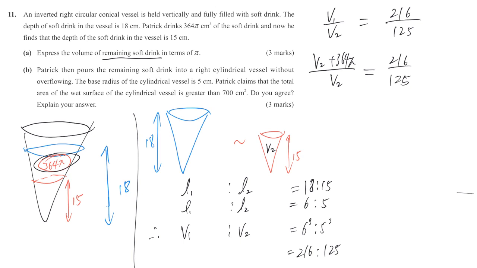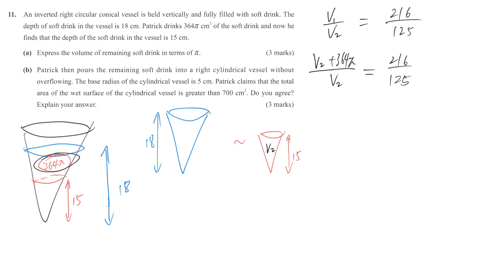So what about using the formula, 1 over 3 pi r squared h? Oh, you mean using the volume formula? That one also. Okay. If we use that one, then you have to let two different r.